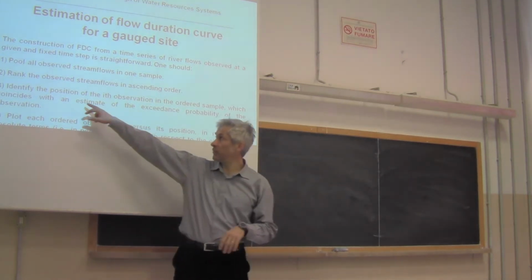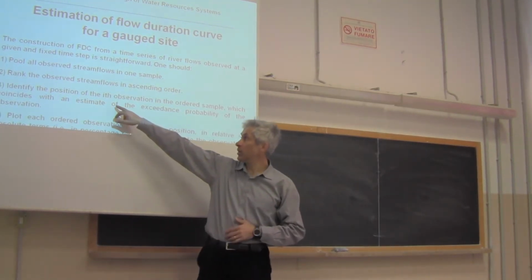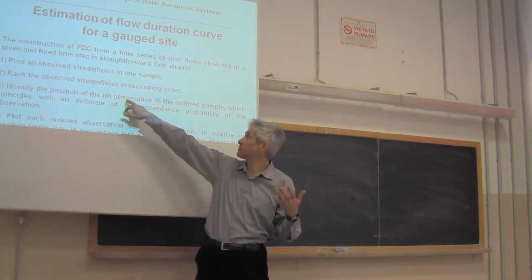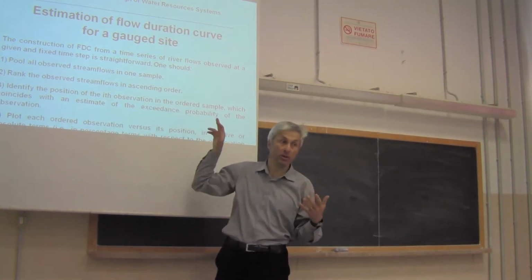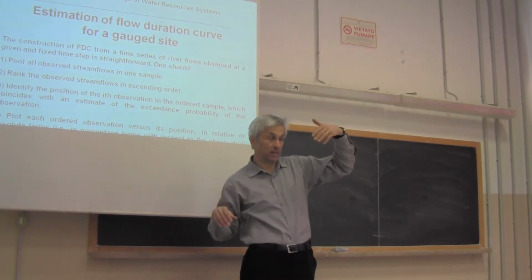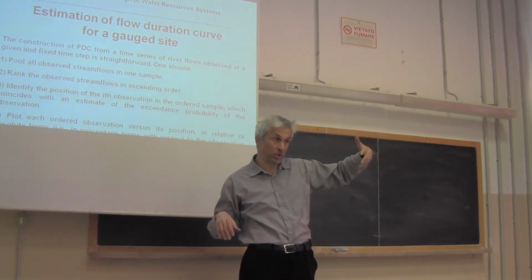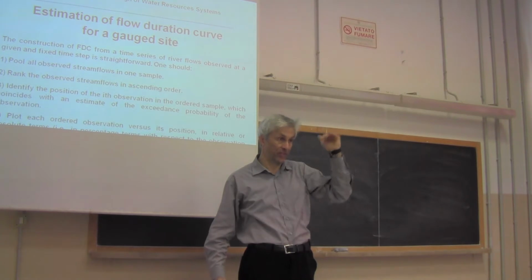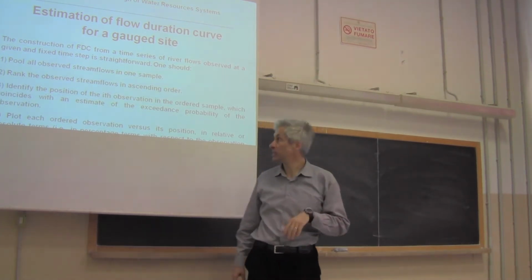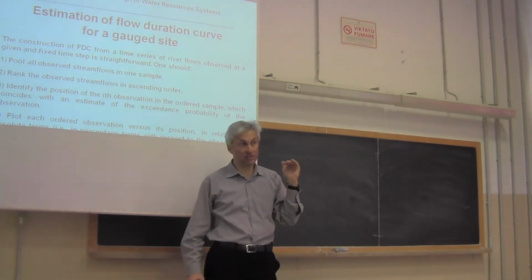And let's suppose that we rank them from the highest to the lowest, descending order, okay? And then we identify the position of a given observation in the ordered sample. Let's say that I have the river flow which I want to refer to is the 10th, okay? Perfect. This position is precisely the duration.